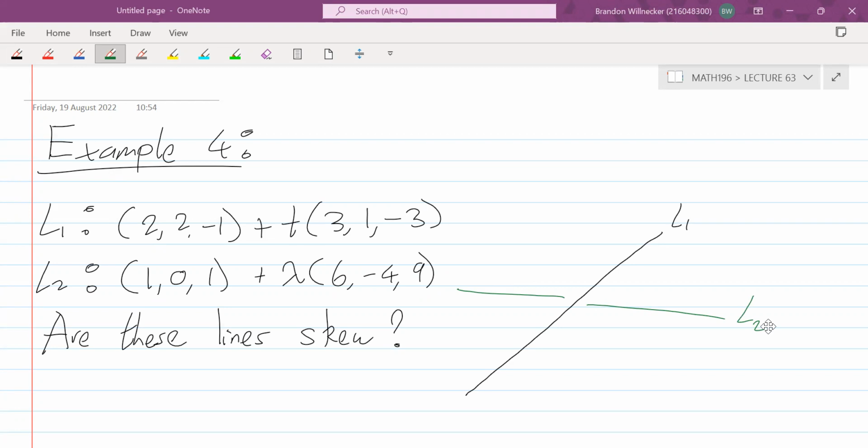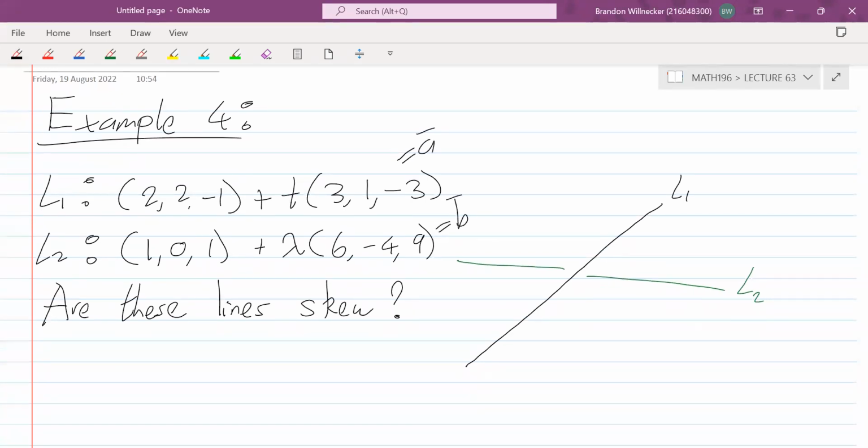First, let's see if they are parallel or not. We've got our two direction vectors, the vector linked with the t and the vector linked with the lambda. Are they parallel vectors? Let's say the first one's A and the second one's B. Do we have A being proportional to B? Is there some multiplier we can multiply A by to get to B?